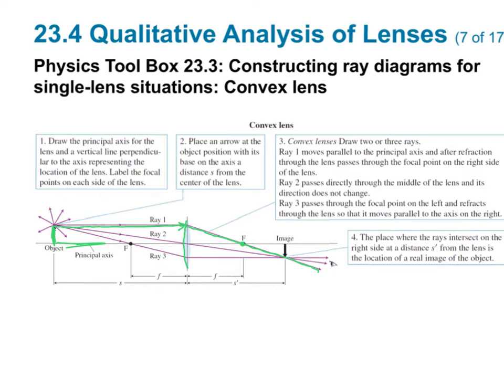We can then draw a focal ray. The focal ray comes through the focal point and refracts through the lens.